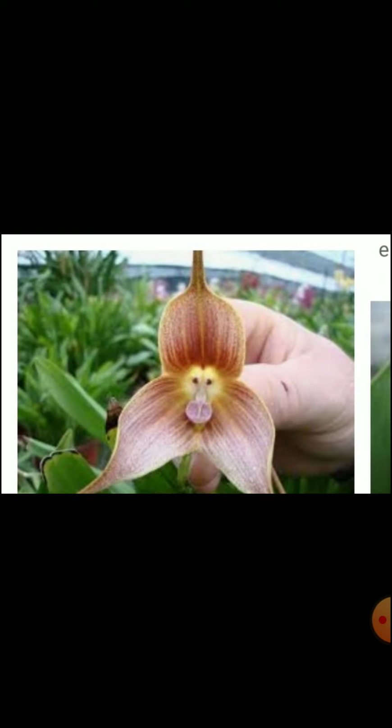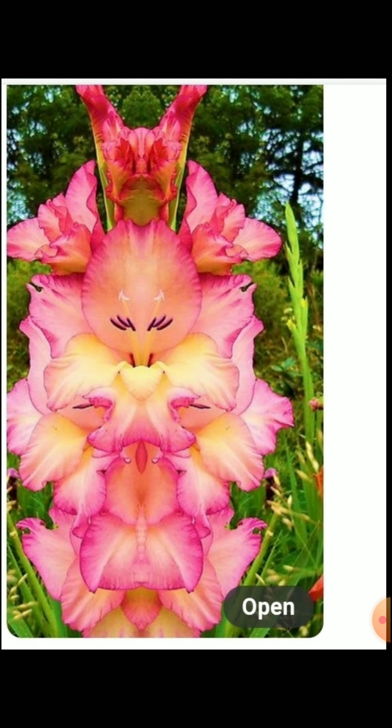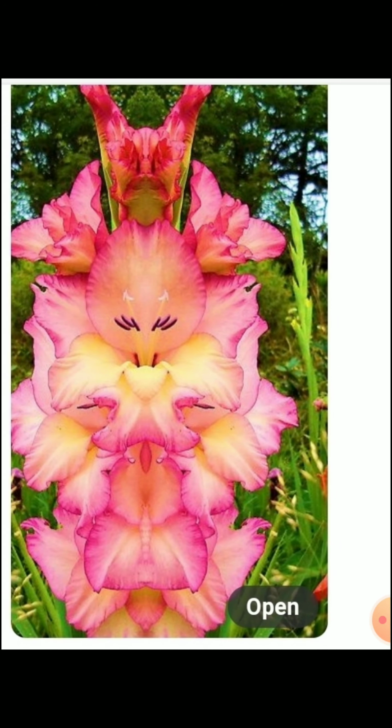Observe this type of flowers, their color, size, shape, and how they are designed for pollination. Mainly petals are of different shapes and that gives beauty to the flower. Most of them are orchids. It's a gladiolus. And in this flower, the petals are like that of a bird.